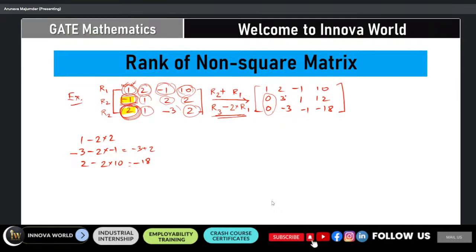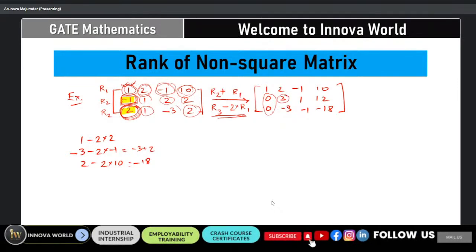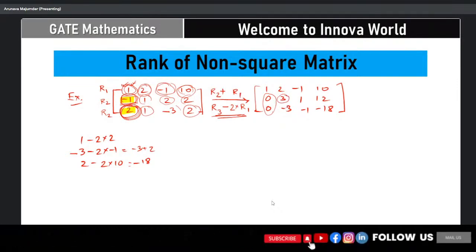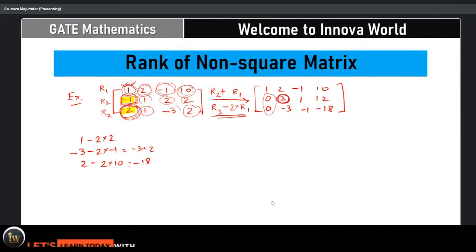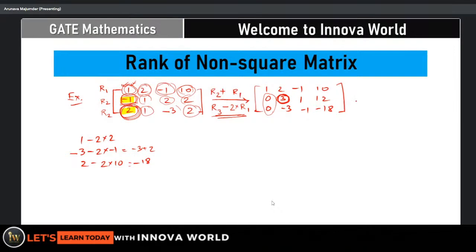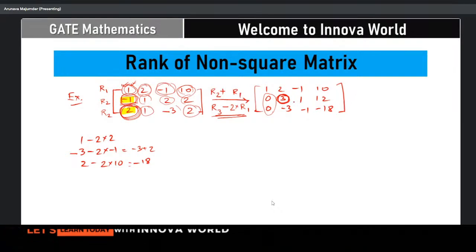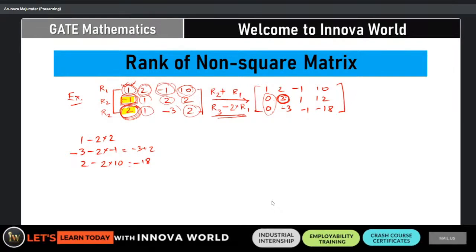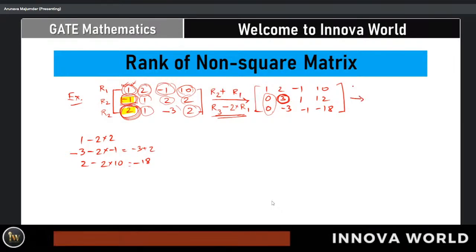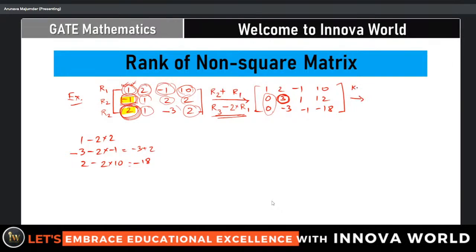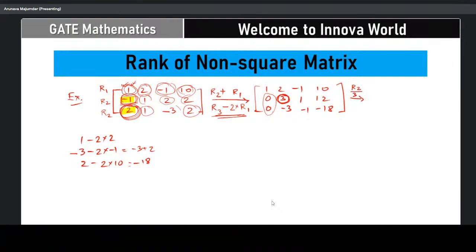Okay, look at the second diagonal here. This is 3. So first we make this element as 1. And how can I do this? Look, this 3 is situated in which row? Second row. So simply we can do R2, second row divided by 3.